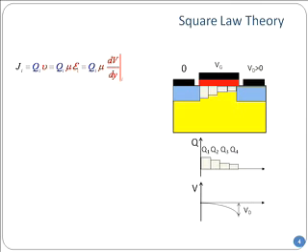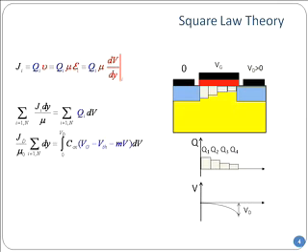Therefore the velocity v, shown here in red, is given by mu times the electric field E, and the larger the electric field, the larger the velocity, so that it can compensate the reduction in the charge and keep the current continuous. So that was an assumption we made.